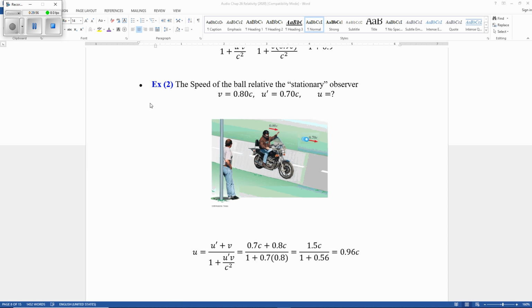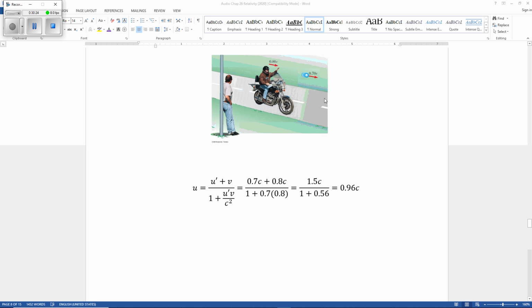The important thing is you have to know which one is which. So we now see this figure here. v equals 0.8c because that's the speed of the moving frame, the motorcycle. And u prime equals 0.7c because that's the speed of the object relative to the moving frame. And we want to find u. So we plug in, use this equation.